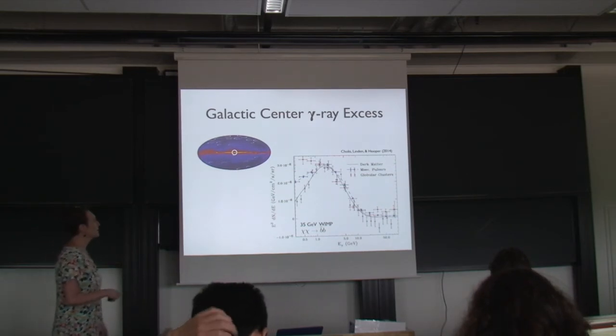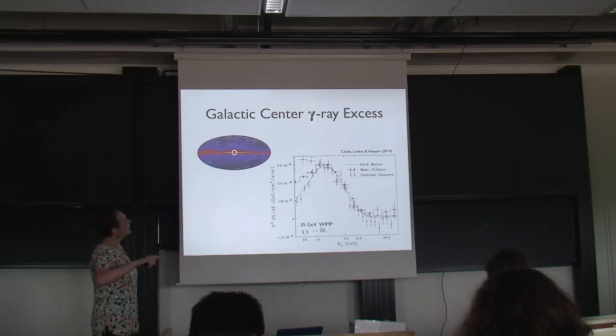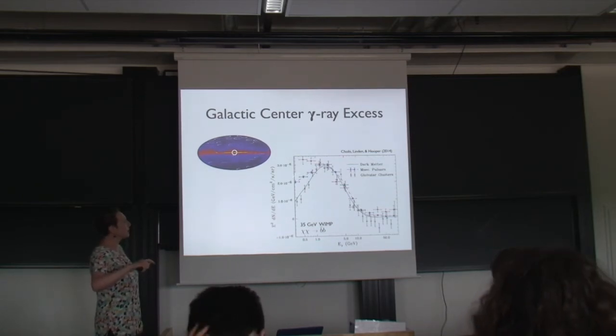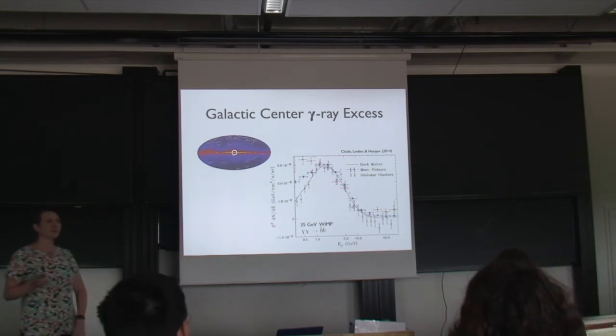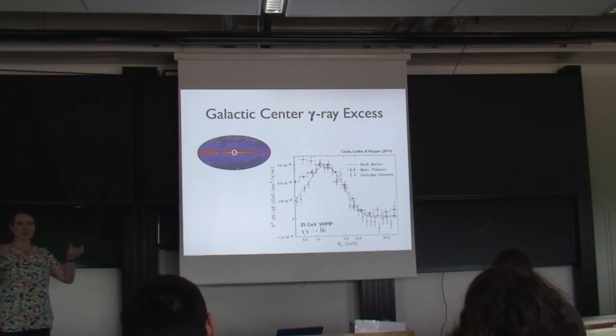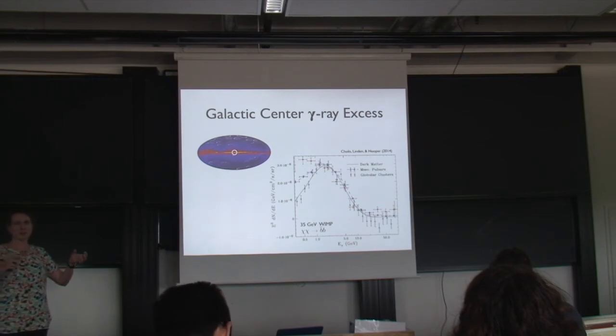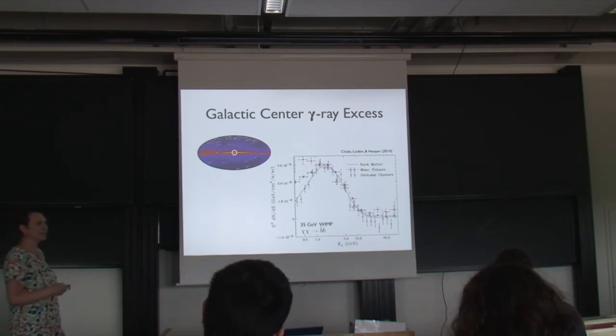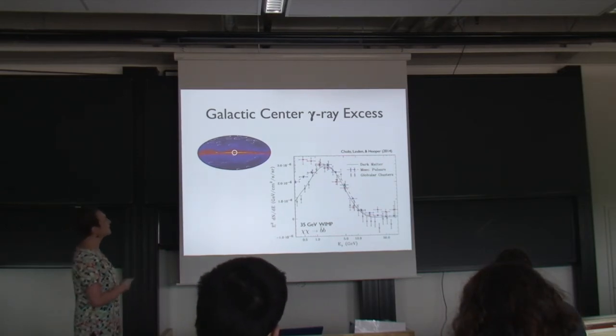The red points are the globular cluster explanation, the blue points are the millisecond pulsar explanation. Basically, they tried to turn the knobs on those explanations to make them fit as best they could, and you see that they always had a problem at low energy. Now part of that depends on how they massage the data at low energy, but fair enough.